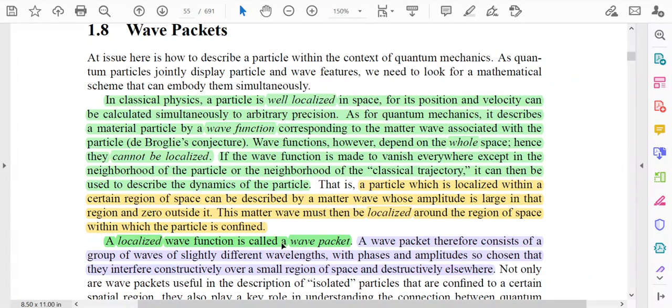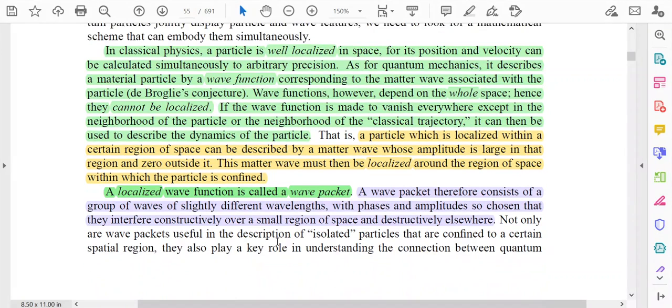Now how we can localize a wave function, I will discuss later, but the concept is very important: a wave packet corresponds to a localized wave function.